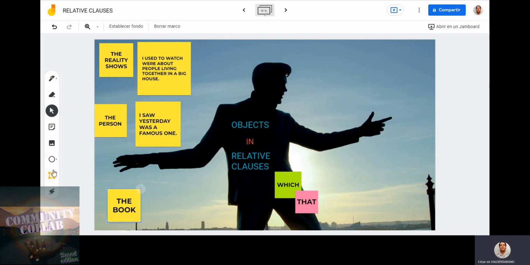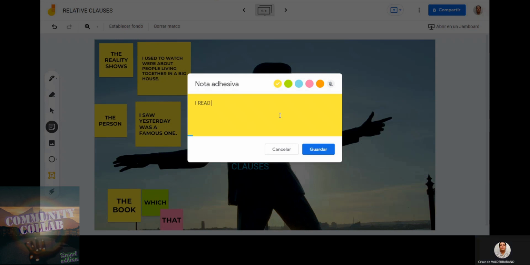Now, the book which or that I read a long time ago became very popular.